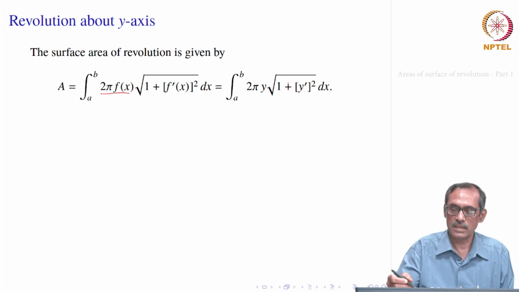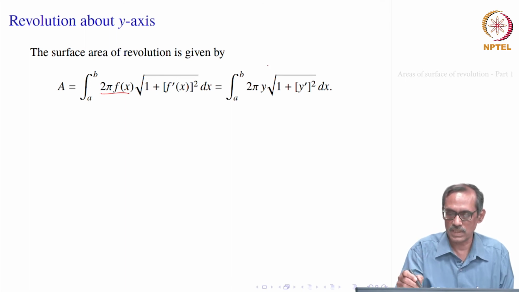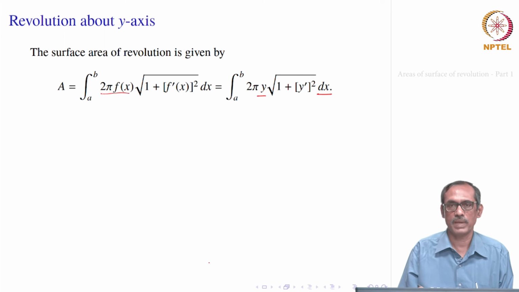Then this curve is revolved about x axis, and in that case our area is integral from a to b of 2 pi y. So, when it is revolving around x axis, we have integration with respect to x, but this factor is y because that corresponds to r in the first term. So, 2 pi y square root of 1 plus y prime square dx.